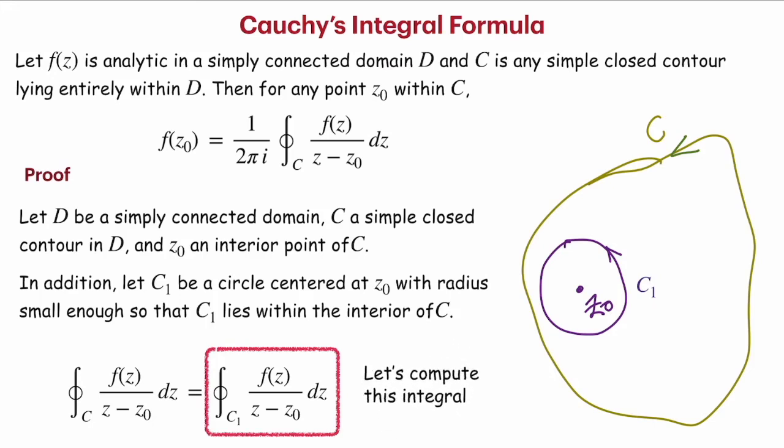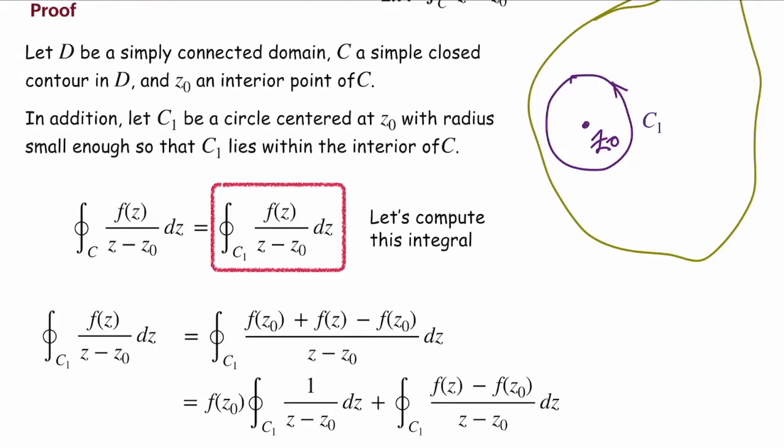Let's integrate this and see what we get. So we are going to integrate the function f of z by z minus z0 over the circular contour C1. The contour is entirely inside the contour C.